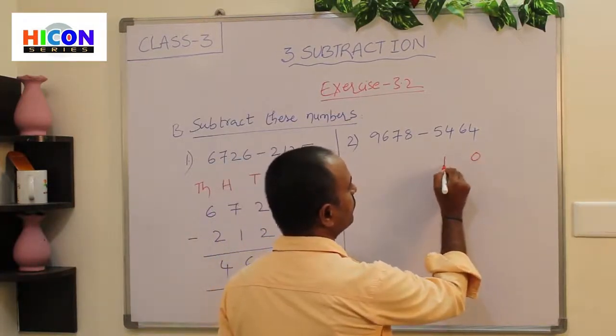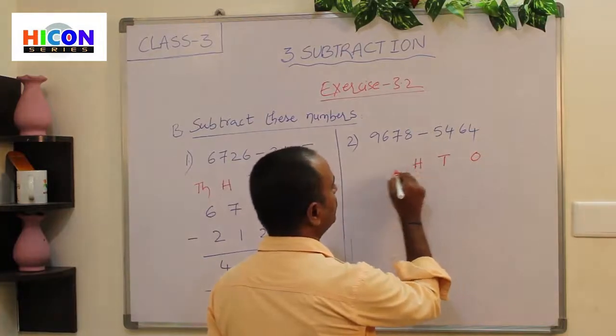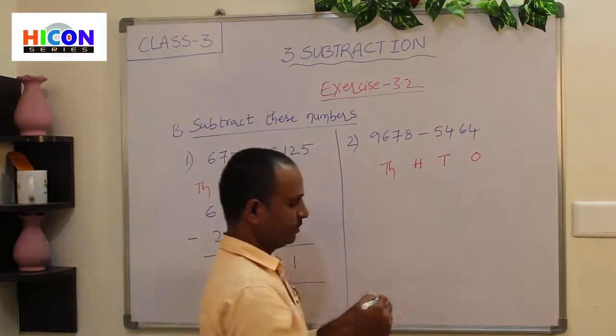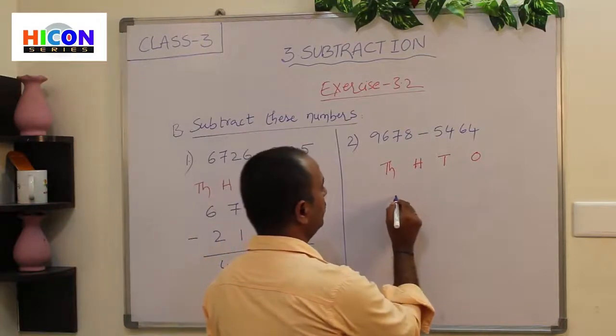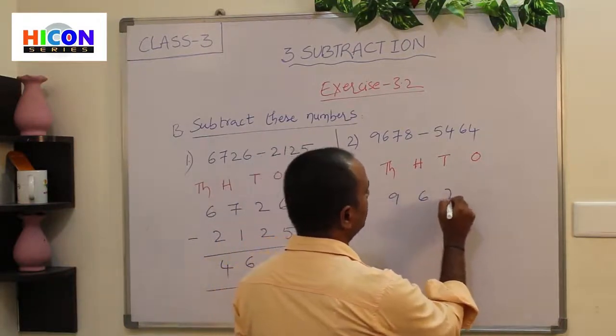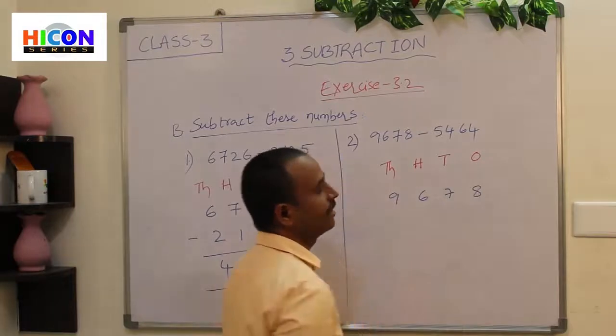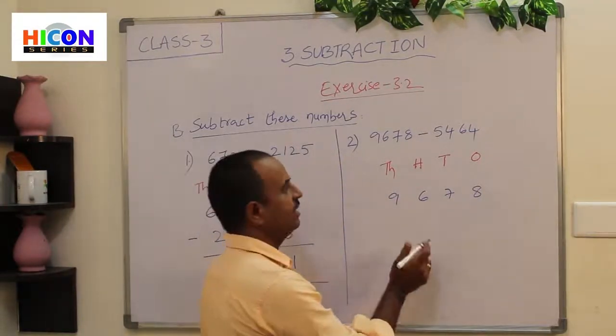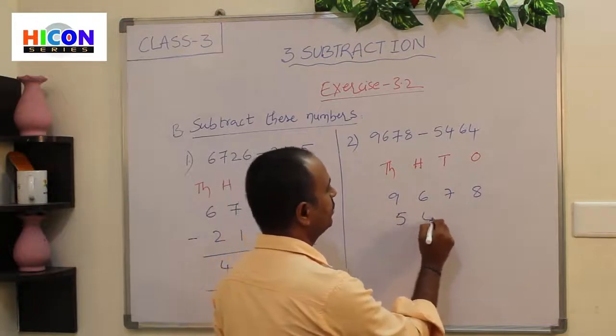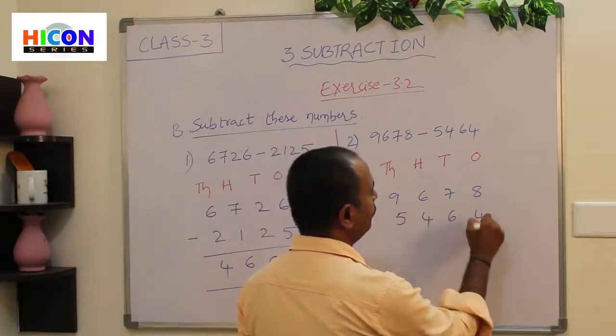It is ones, tens, hundreds, thousands. Now write the first number, that is the greater number, 9678. And next write the second number below the greater number, that is 5464.